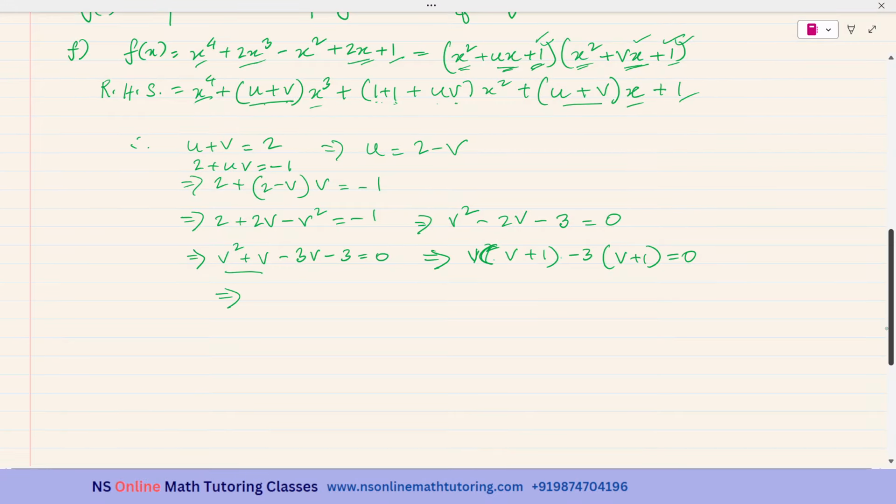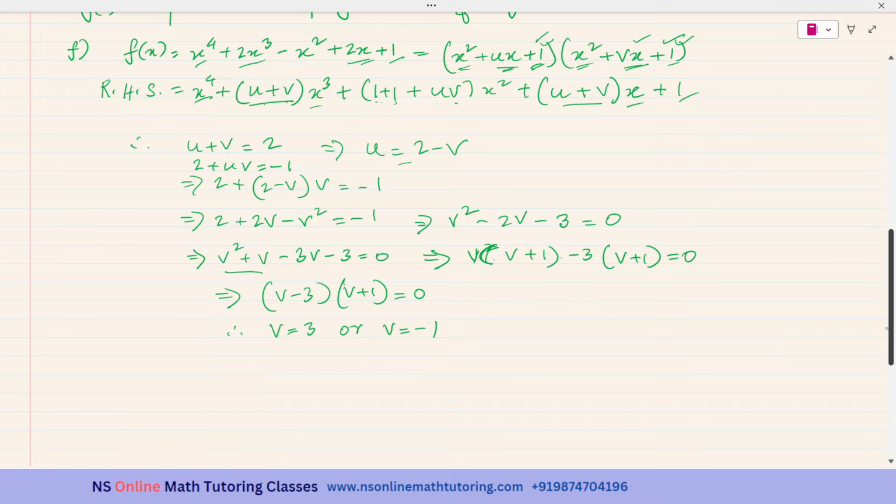And this will be giving us (v minus 3) times (v plus 1) is equal to 0. So therefore, v is equal to 3 or v is equal to negative 1.